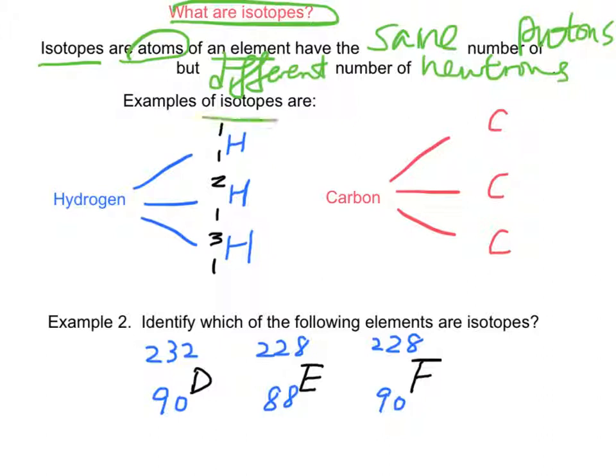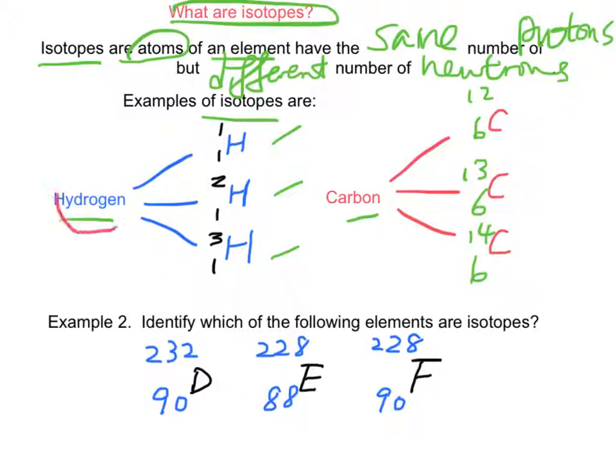Examples of isotopes are, for hydrogen, there are 3 isotopes: 1,1, 2,1, and 3,1. For carbon, there are also 3 isotopes, which are 12,6, 13,6, and 14,6.